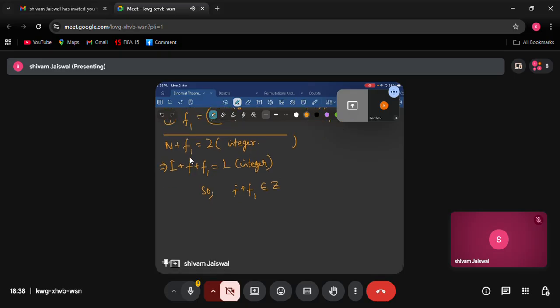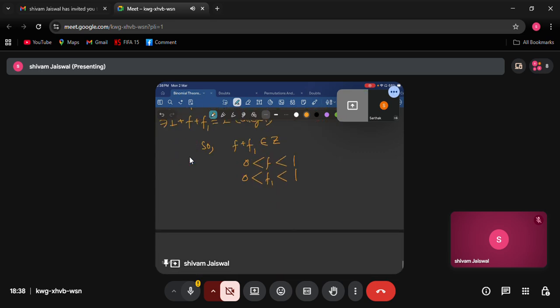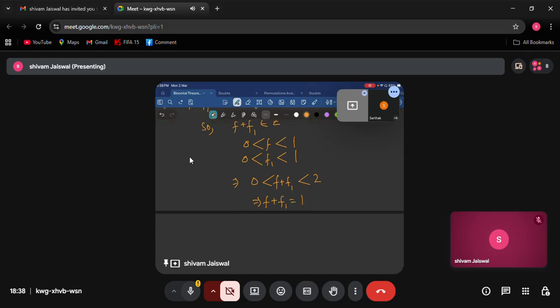Okay. Now where does f lie? f lies between 0 and 1. f1 lies between 0 and 1. So where does f plus f1 lie? Between 0 and 2. So what is the value of f plus f1? It is equal to 1.